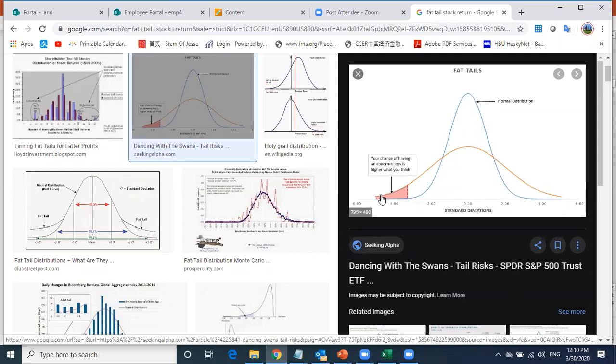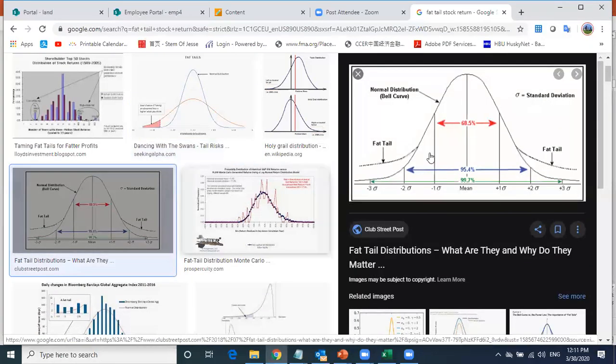So that's why in the stock market something like this might happen, and you get a heavy loss. This could happen, and this picture gives you a clearer picture of what fat tail means.